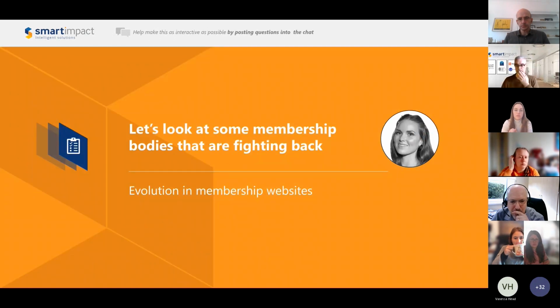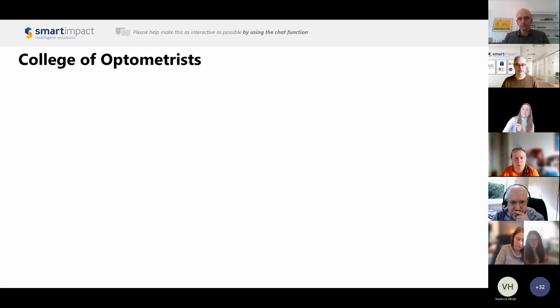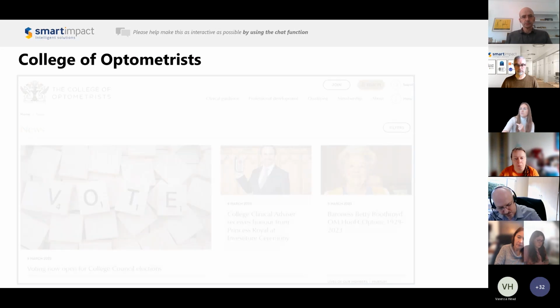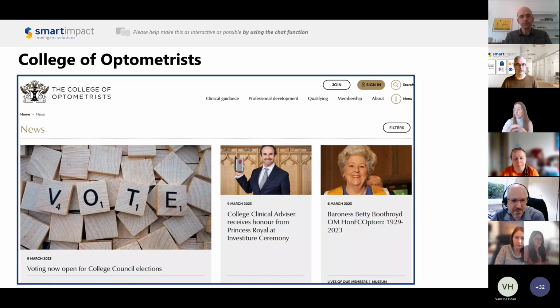Okay, so let's take a look now at how some member organizations can fight back via the evolution of their own websites. An excellent example is College of Optometrists. They completely renewed their website along with their CRM about 3 years ago.